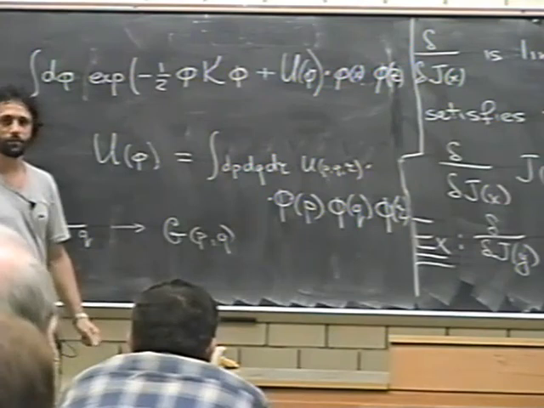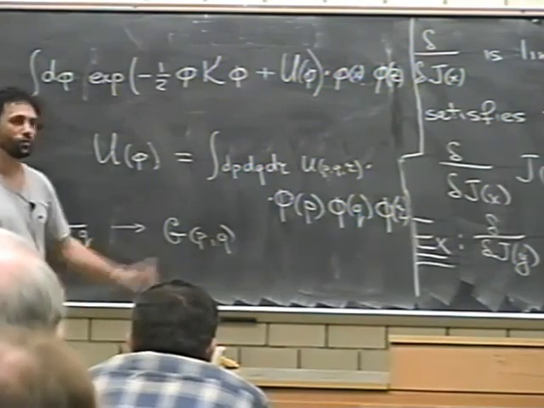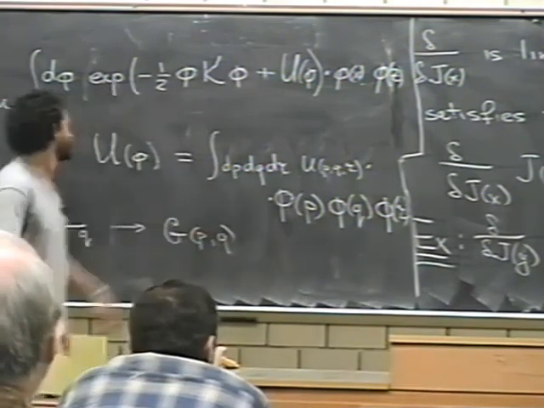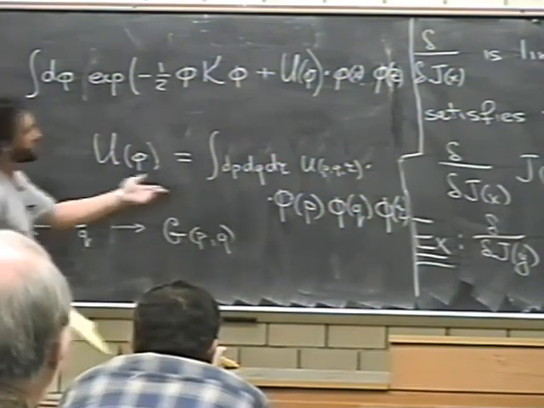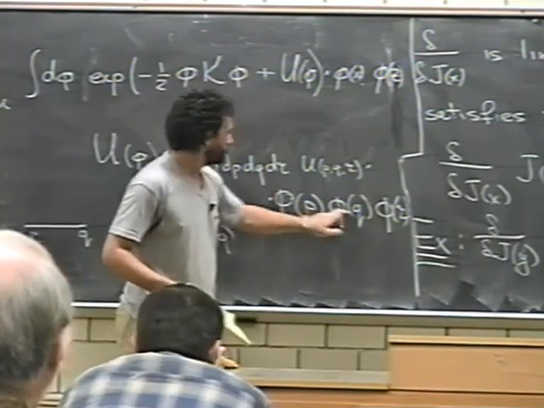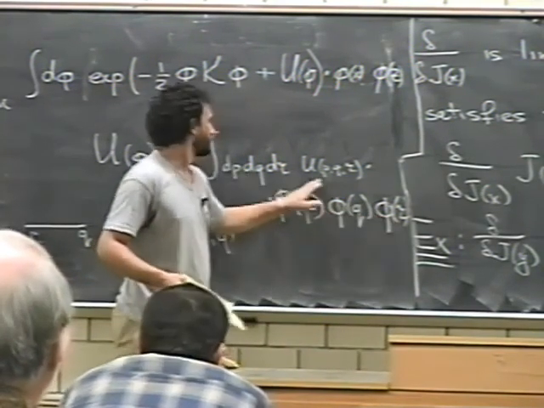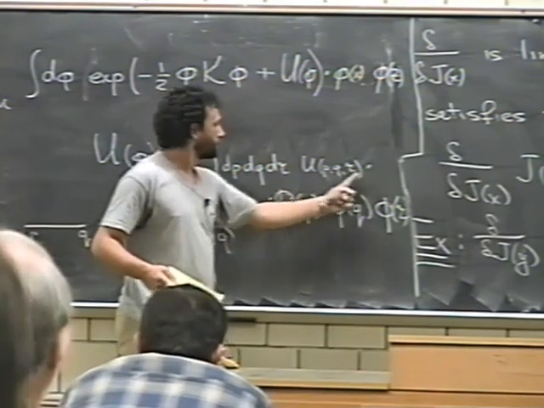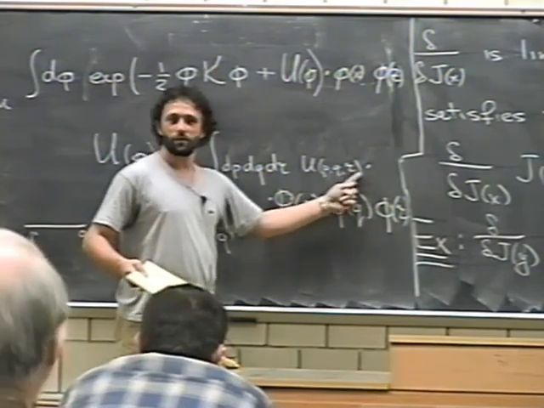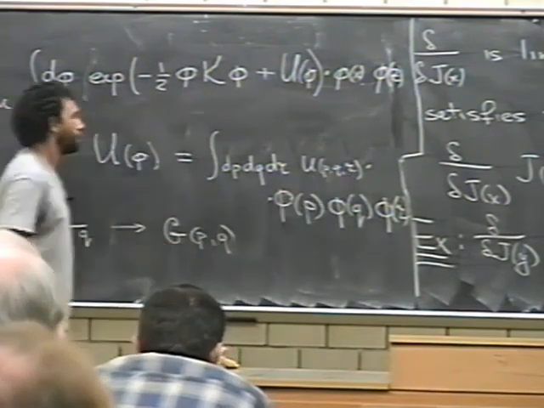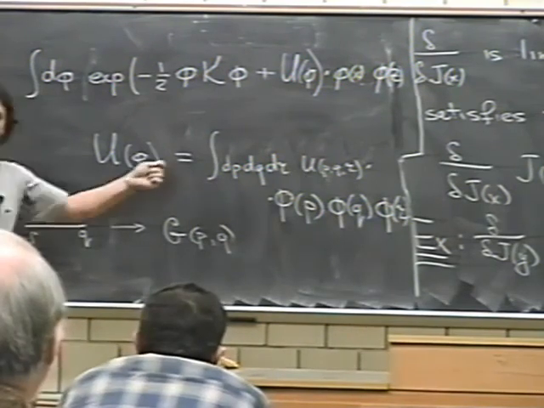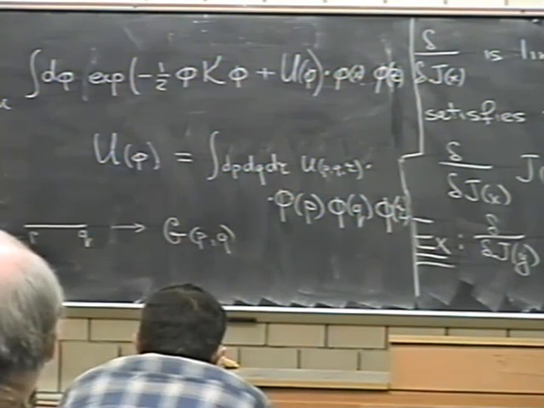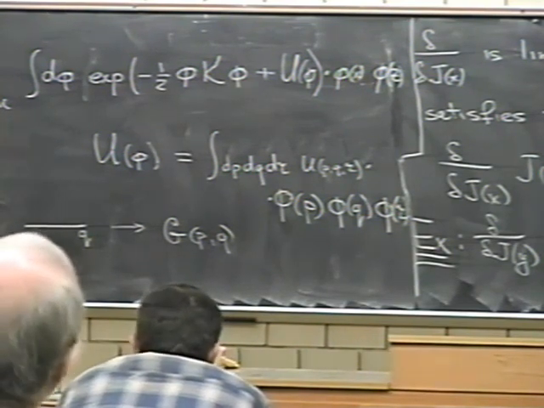In the case of phi cubed it is very simple, because then all three should be the same, which means that u of P, Q, R vanishes whenever these indices are different, and it equals 1 when they all coincide. So this is a delta function of the diagonal of three variables.